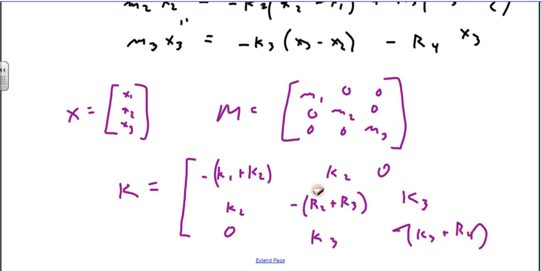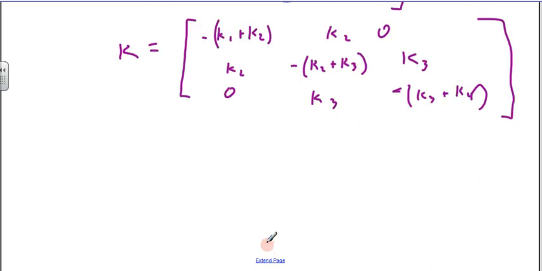And except for the K's looking like R's, and the negative signs not looking the way they should, now we can write the system of differential equations as mx double prime is equal to kx.